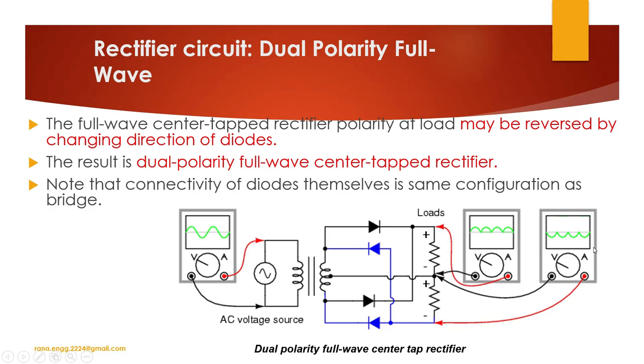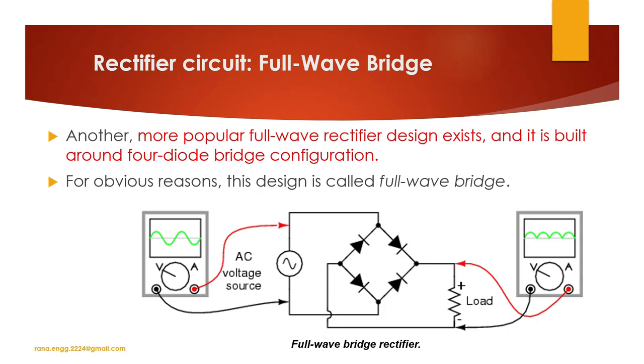By using various methods, diagrams and animations, we will try to understand the rectifier in such a way that we will be able to remember it for a longer time. So now this one is the rectifier bridge circuit. In bridge circuit we have 4 diodes.